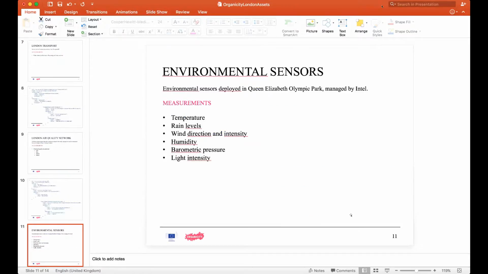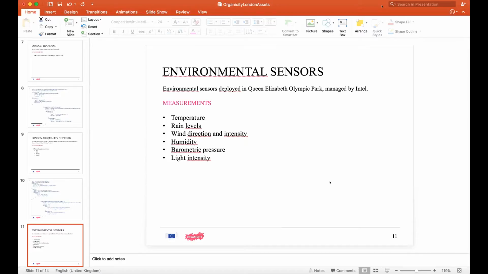Finally, the environmental sensors. Those are a number of sensors that are deployed in the Queen Elizabeth Olympic Park, and they measure temperature, rain levels, wind direction and intensity, humidity, barometric pressure, and light intensity.